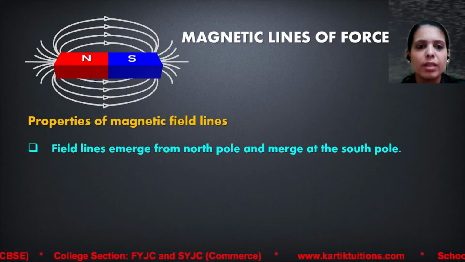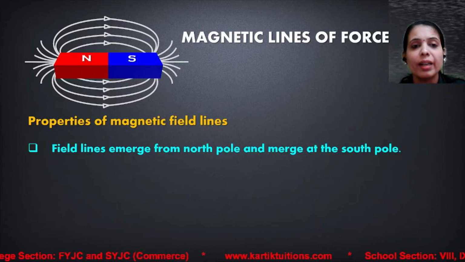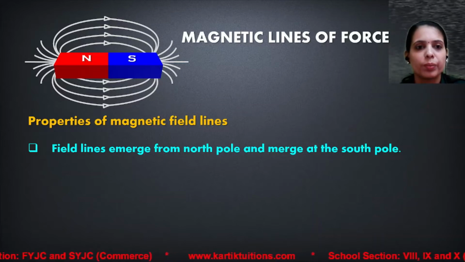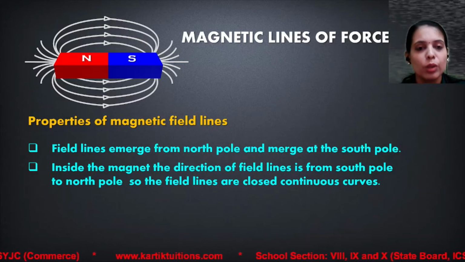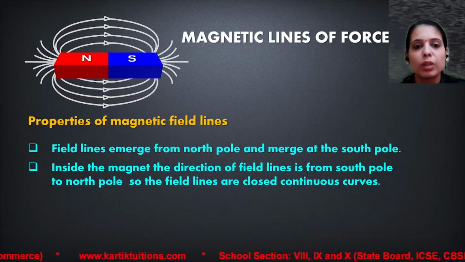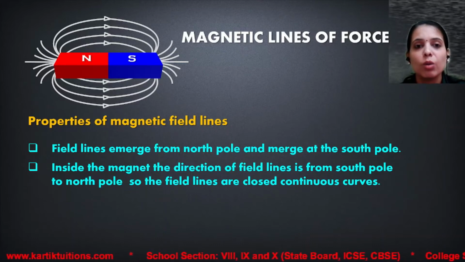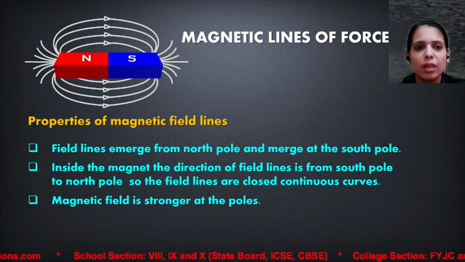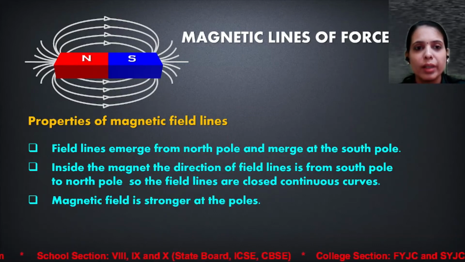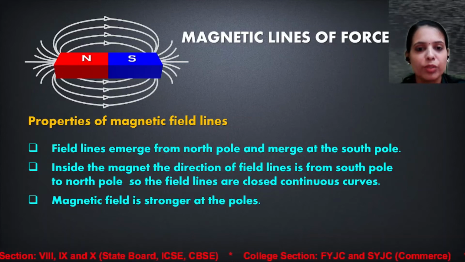The first thing is that the field lines always emerge from the north pole and end at the south pole. But inside the magnet, these field lines move from the south pole to the north pole, and hence they become closed continuous curves. As you can see in the picture, these lines are crowded near the poles and move far apart at the center part of the magnet.